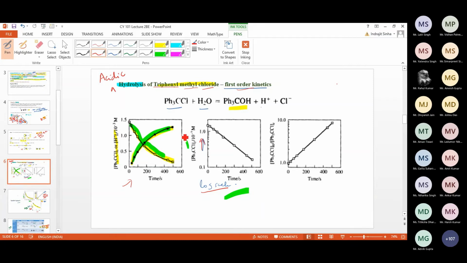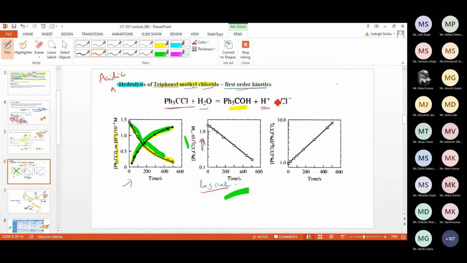All right. We will come to the details as well, as it is given in your lab class. But let us see here in brief. For each hydrolysis of this particular molecule, triphenyl methyl chloride, you are generating some acid, right? In a stoichiometric manner.